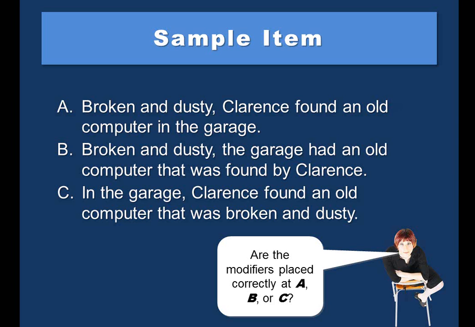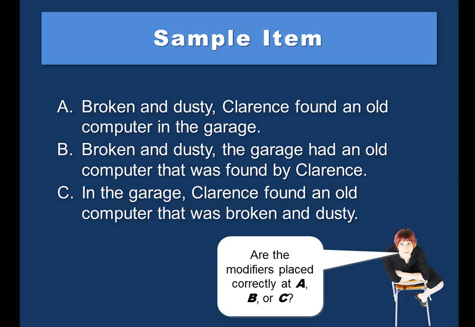See, you should play very smart with such questions. You don't need to read the entire sentence. As soon as you read this part, "broken and dusty, Clarence", you can clearly say this is wrong because that does not refer to Clarence. B part now. Broken and dusty, the garage had an old computer. Broken and dusty. Does it refer to the garage? No, it does not.